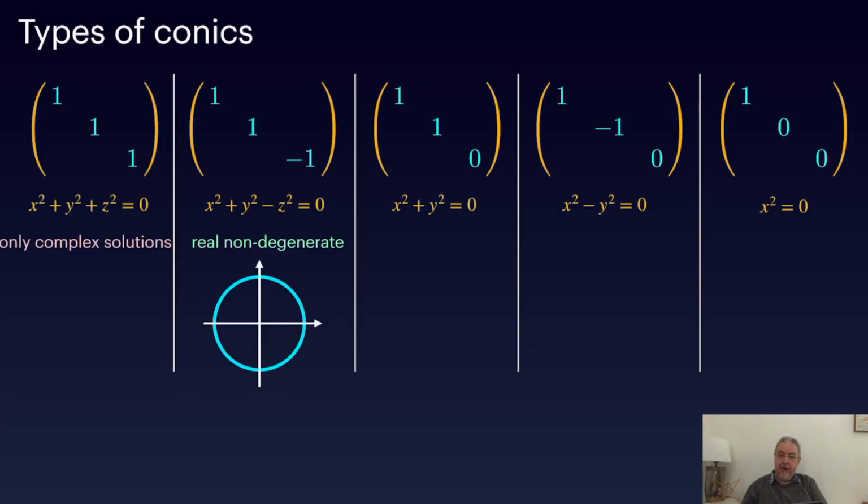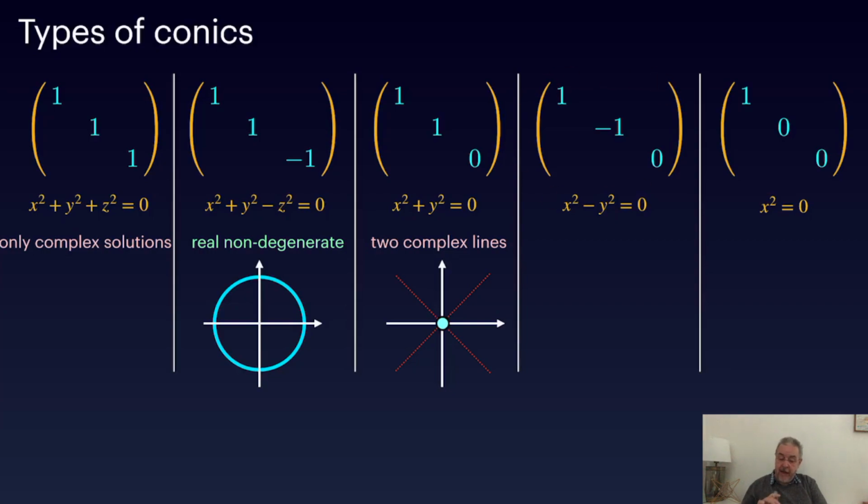You get 0, 0, 1 as a real solution, so just 1 point sitting in the center of the standard embedding. And actually, if you look at this conic, you see it's just this 1 point, but this 1 point lies on the intersection of 2 complex conjugate lines. So over the complex numbers, you really have 2 solutions here.